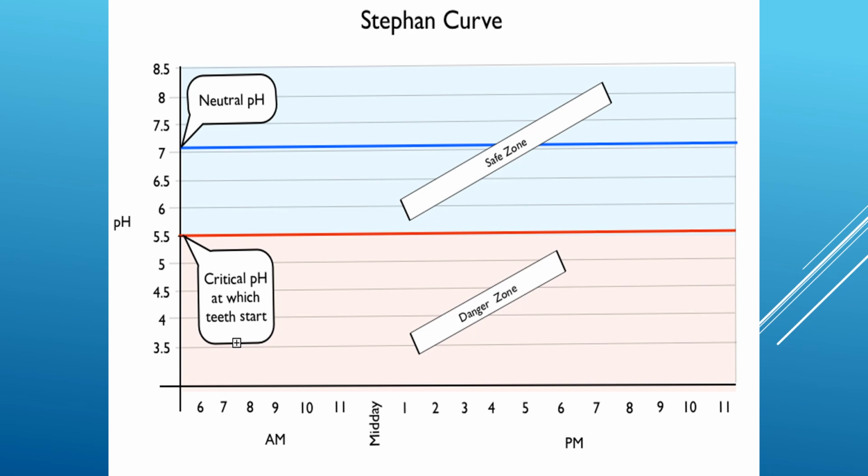Okay, then from the Stephan curve again, the neutral pH is about 7. We have critical pH. We start at 5.5, and below 5.5 is a danger zone, meaning to say it is in the acidic zone.